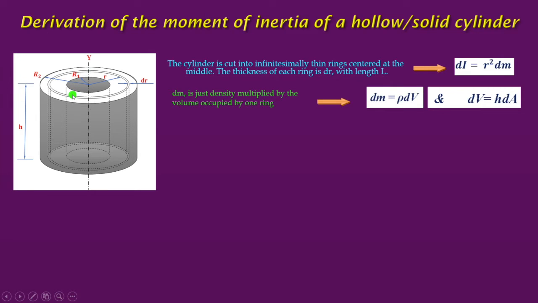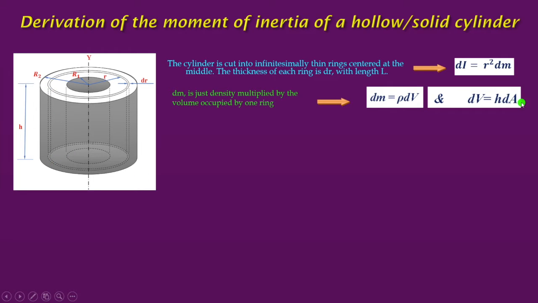So you have to convert dm as a function of r. Now dm means rho into dv, if we consider uniform density of the cylinder. Again, what is dv? Cross section area into height, that is the volume of this thin cylinder.